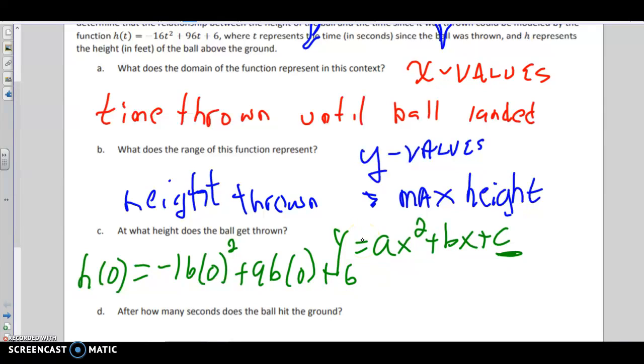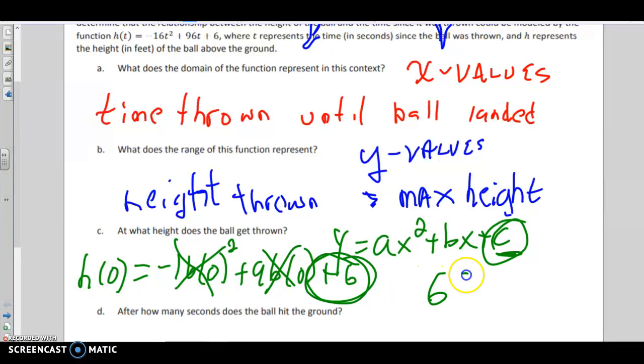And what you'll find out is that 0 squared is 0, times negative 16 is 0. 96 times 0 is 0. So whatever constant, whatever c value, that is the initial height. So this would be 6 feet.